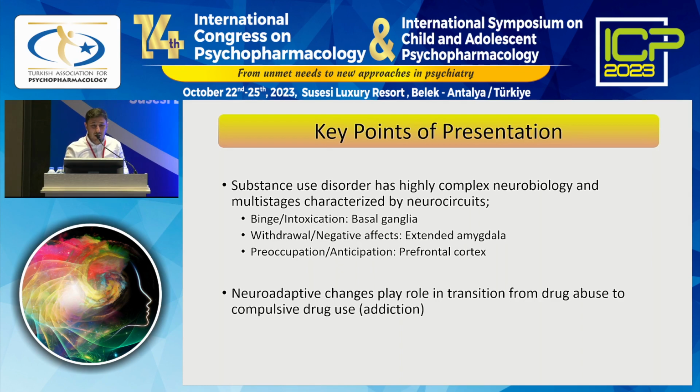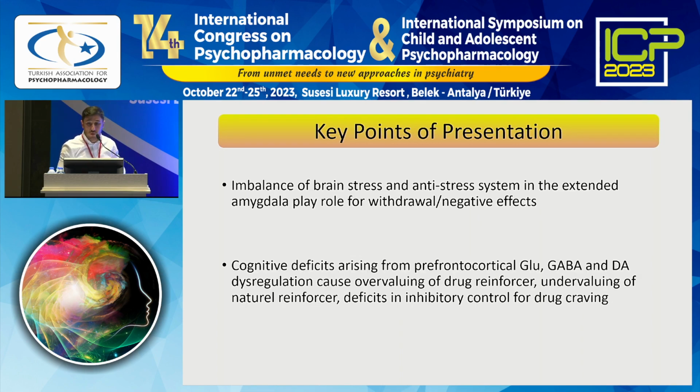Now I come to the key points of my presentation. Briefly, I can summarize that substance abuse is based on three stages: intoxication, withdrawal, and craving, which form a vicious circle. Once the person is inside this vicious circle, it becomes more difficult for the individual to get out of it. In addition, neuroadaptive changes are relevant, and this neuroadaptation process plays a key role.